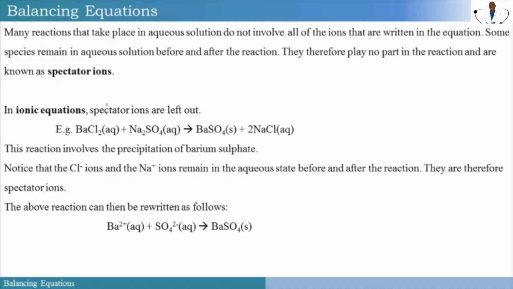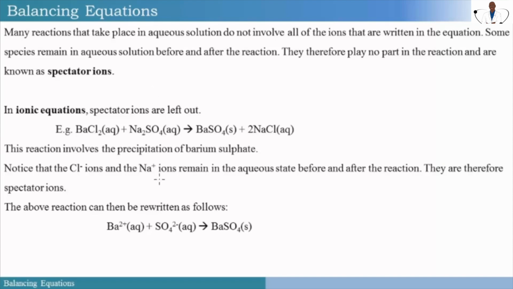So in an ionic equation, we would separate the ions that are aqueous, and then if our ion is aqueous on the right and aqueous on the left, then we would cancel those ions. So here, in this case, I'm going to separate the ions that are aqueous and leave the one that is solid.